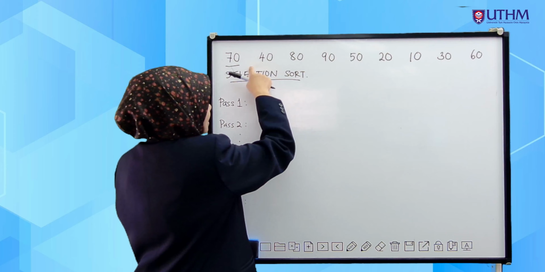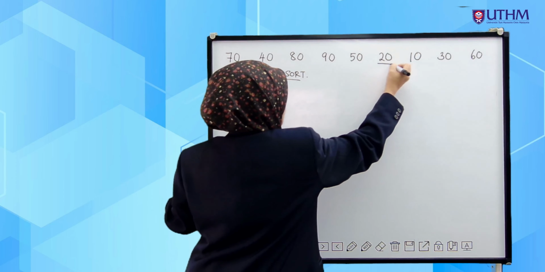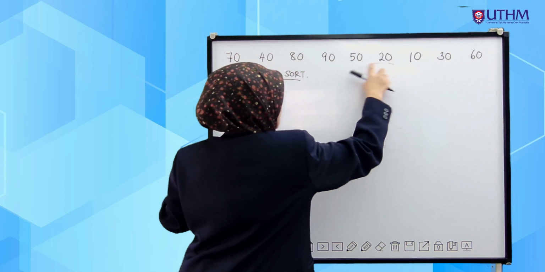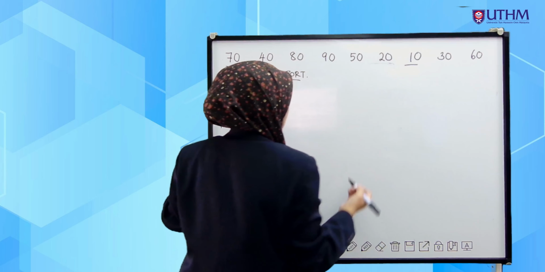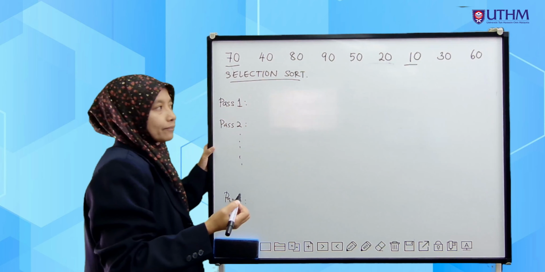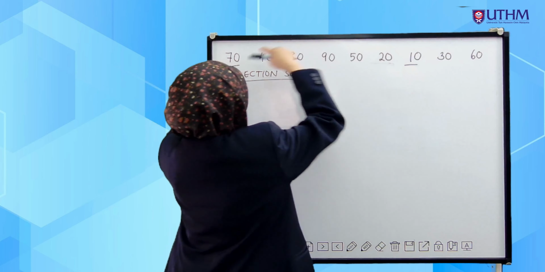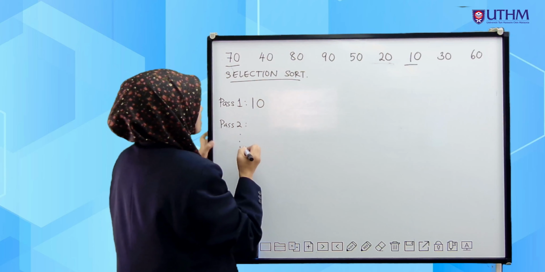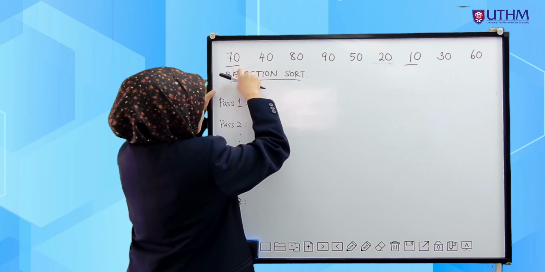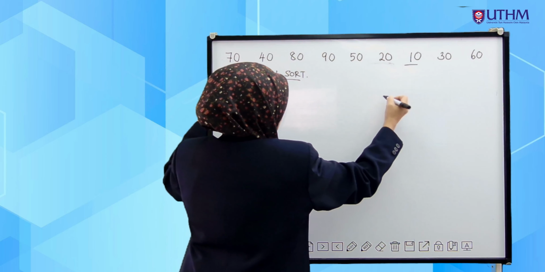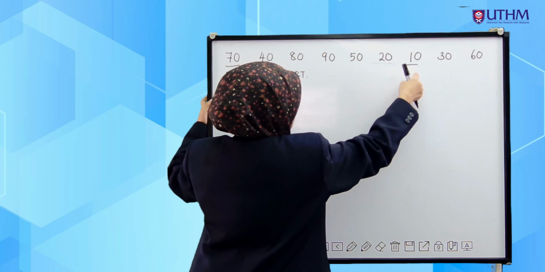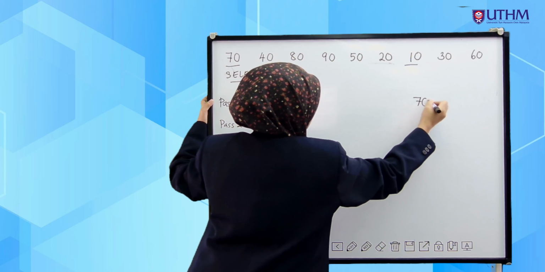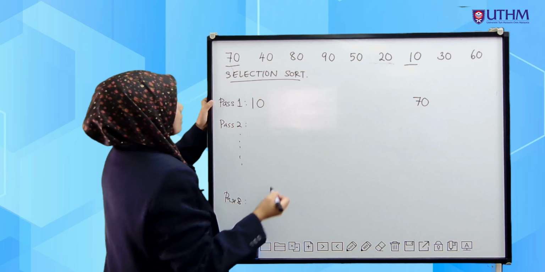In this case, we swap the smallest value, which is 10. 10 will be swapped with 70, so you have 10 in the first position and 70 will replace the position of 10.